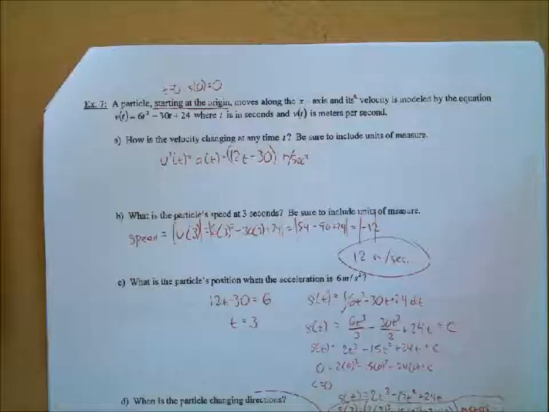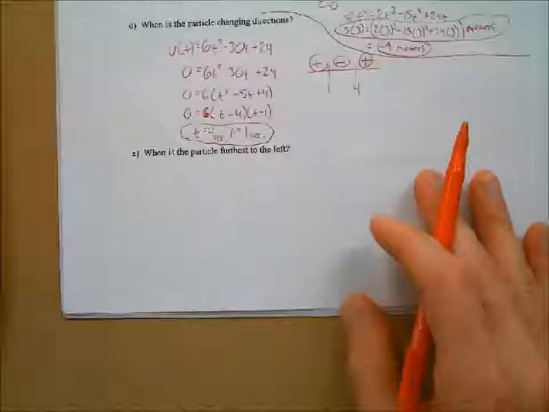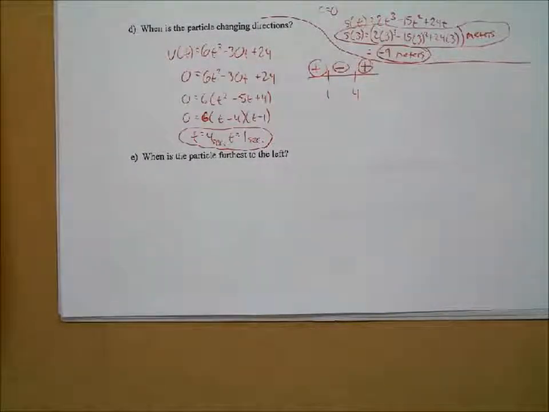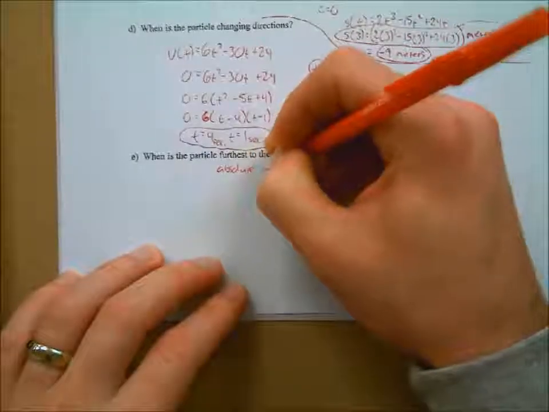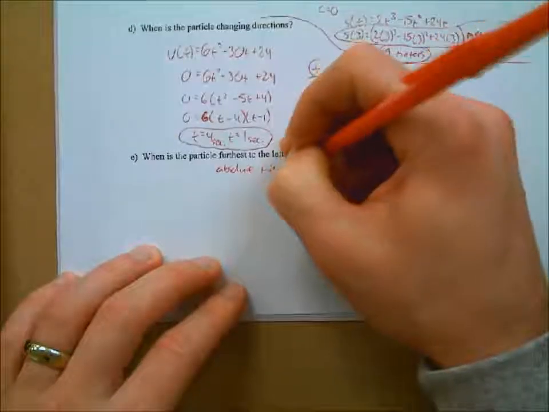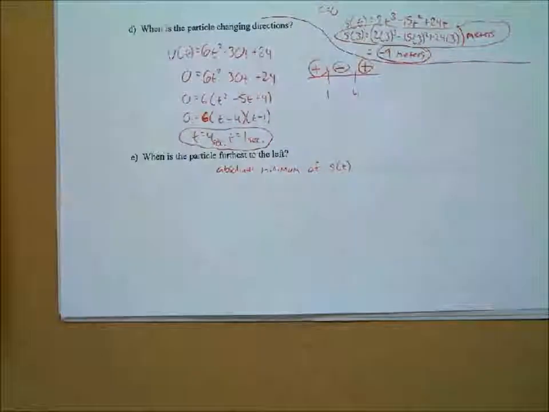So that's why we got that whole idea of moving furthest to the left, okay? So position describes where it is on the x-axis. We want to know when the particle is furthest to the left. That means, what are we trying to find here? Absolute minimum. Furthest, absolute, to the left, minimum. Okay, so this is absolute minimum of position. That's what that's asking for.